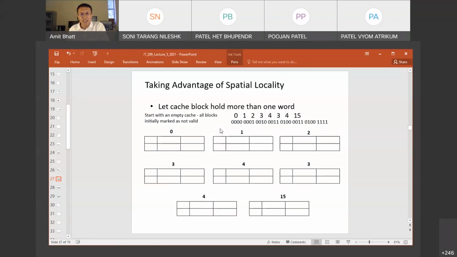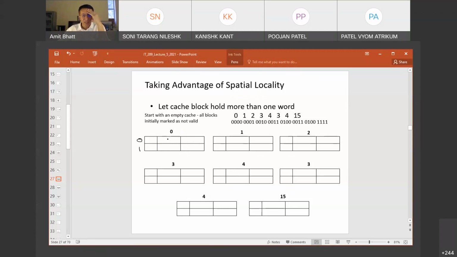I wanted to keep the size of the memory the same, that means 4 boxes, but now I'm doing something slightly different. The 4 boxes are sitting like this, and so my index has shrunk. Now my index will have only 2 bits, 0 and 1.